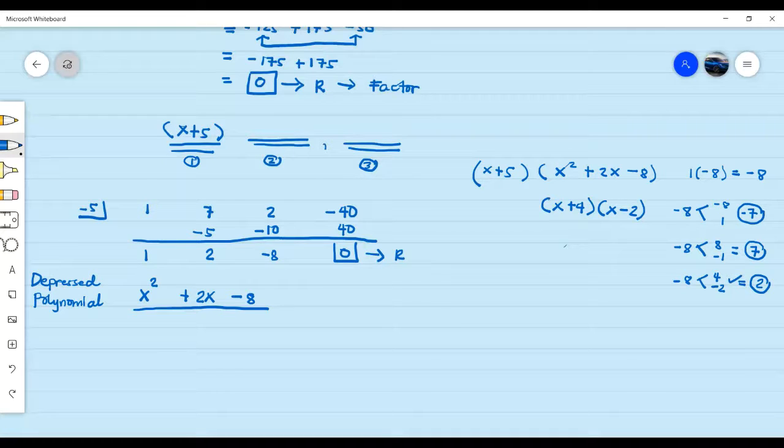Okay. So now, we already have the complete factors: x plus 5, then we have x plus 4, then x minus 2. These are the other two factors that we are looking for here.